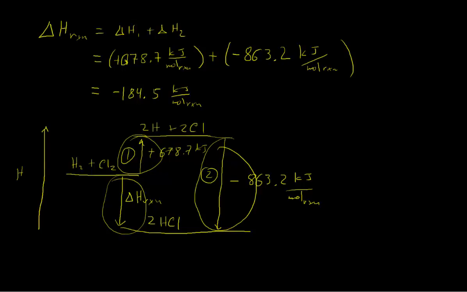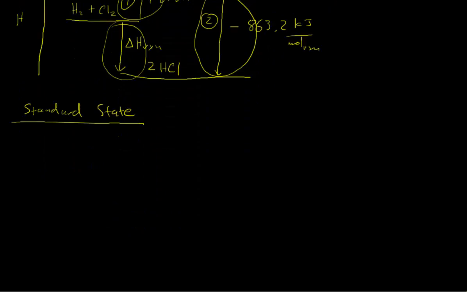I have one quick other topic to talk about, and that's standard state. So I told you how enthalpy depends on conditions, and so if we measure the same reaction under different conditions of temperature or pressure or something like that, we're going to get different answers. So what chemists have done is we've agreed on a standard state so that we're going to measure things all relative to that standard state before we put them into tables.